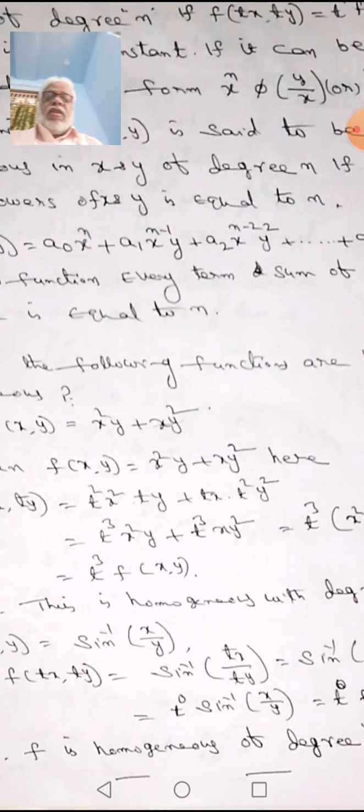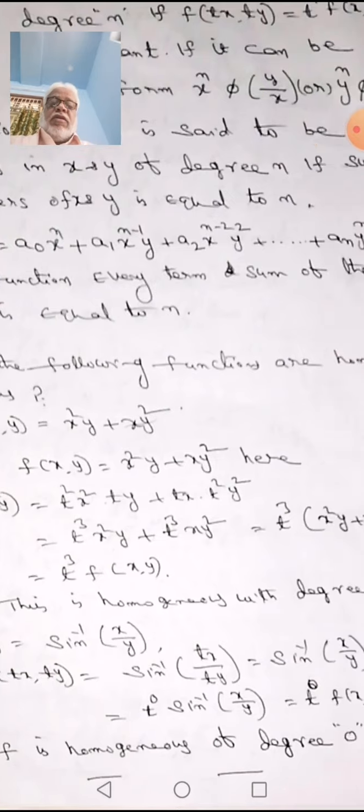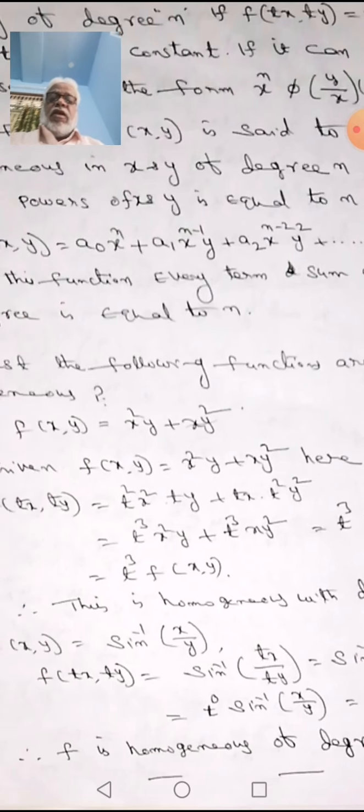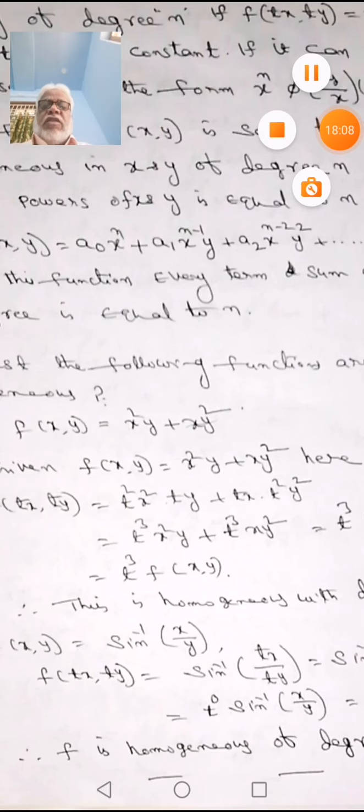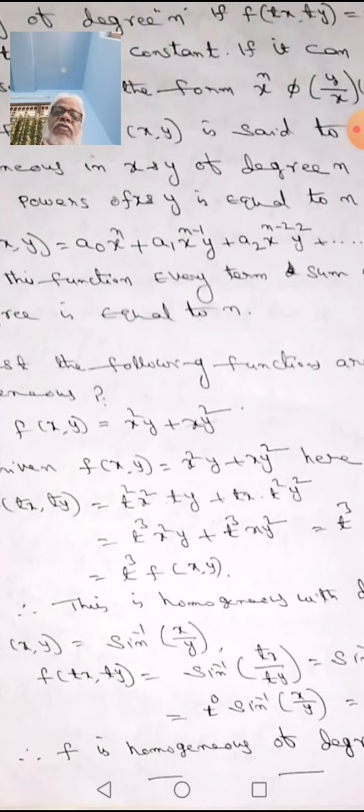If the constant term t is not common in these terms, that is not a homogeneous equation. Suppose the given problem is f of xy is equal to x square y plus xy. If we take y as ty, here only t square x square, t cube x square y plus t square xy square, there is no common term.